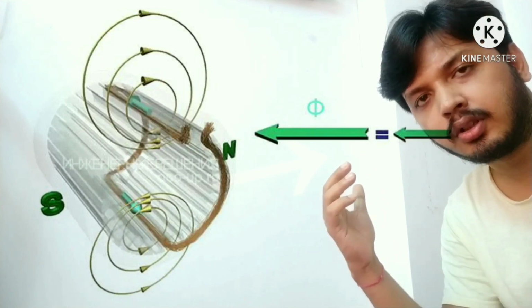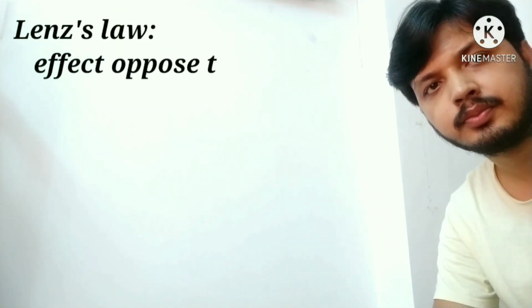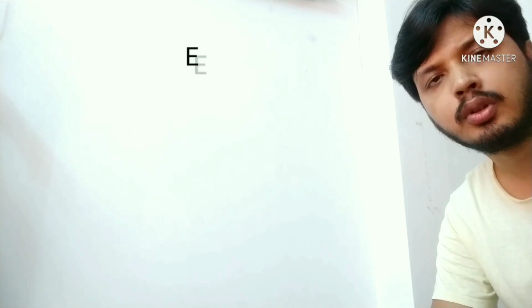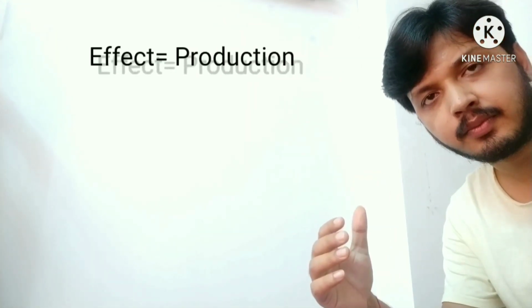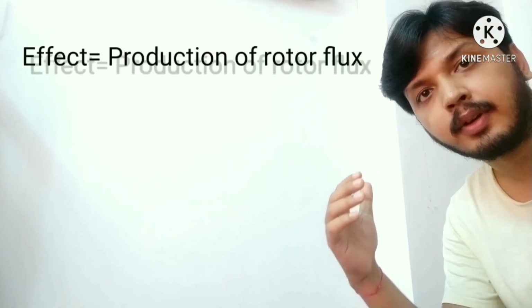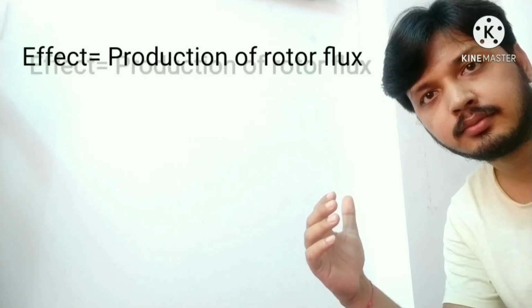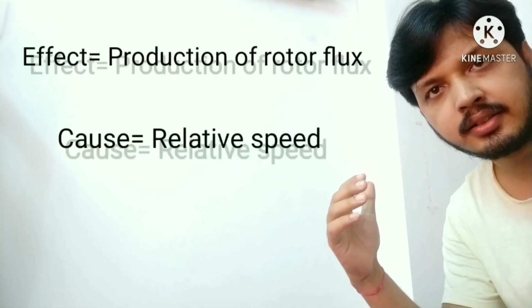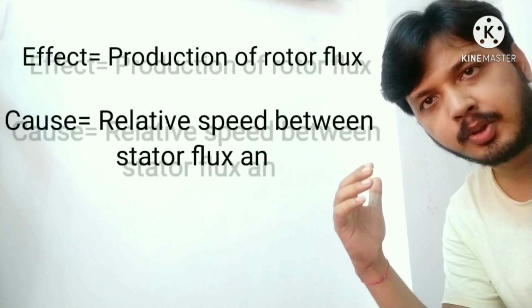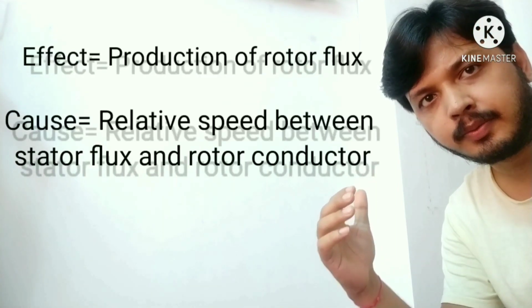According to Lenz's law, the effect opposes the cause. So this rotor flux is the effect. The cause is the flux cutting action, that is, the relative speed between the stator field and the stationary rotor.